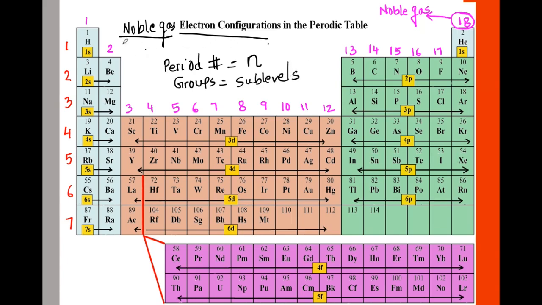Okay, so if we look closely, group 1 and group 2 together would be S block elements because their electron configuration ends in S sublevel.